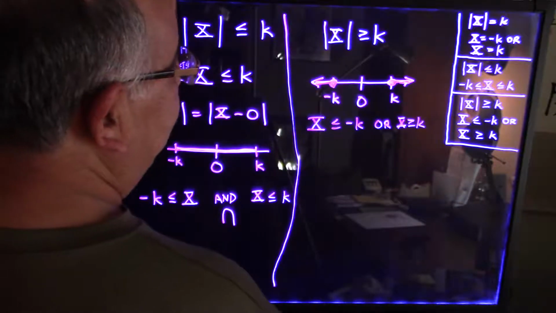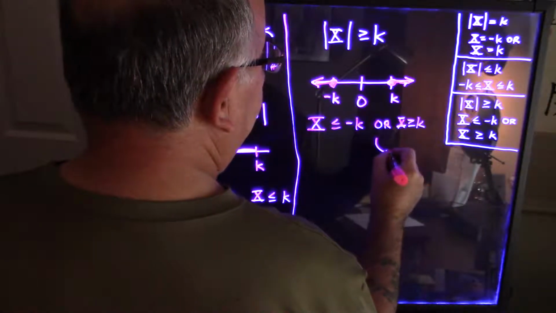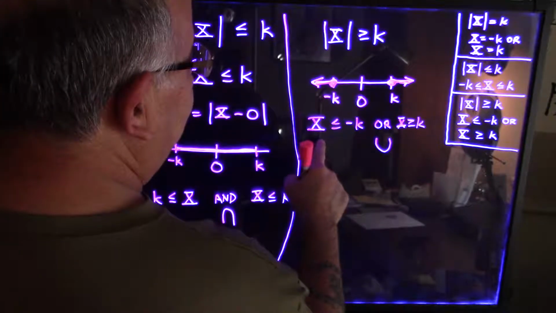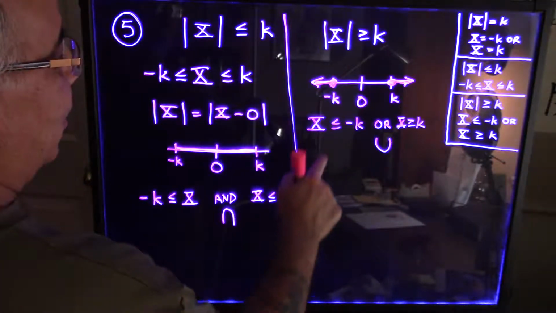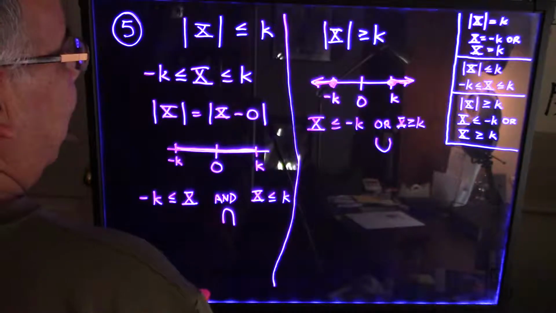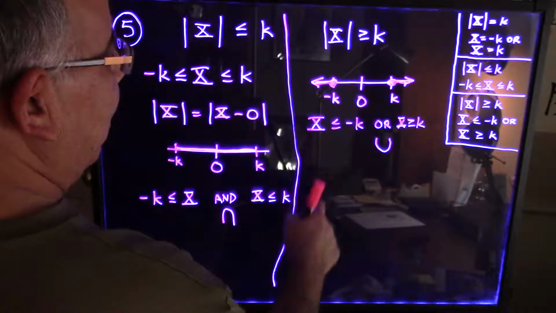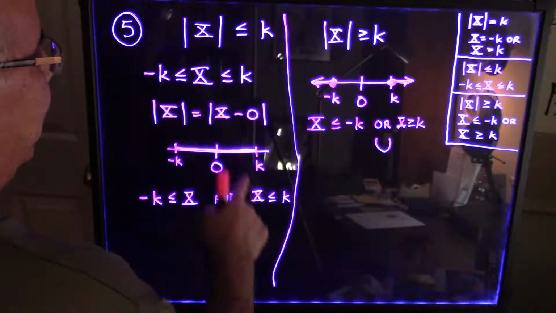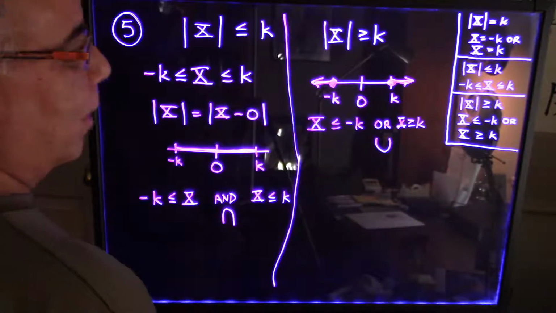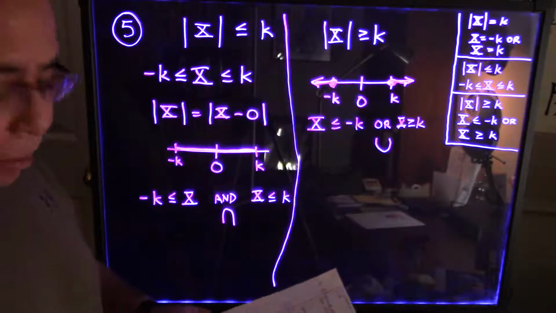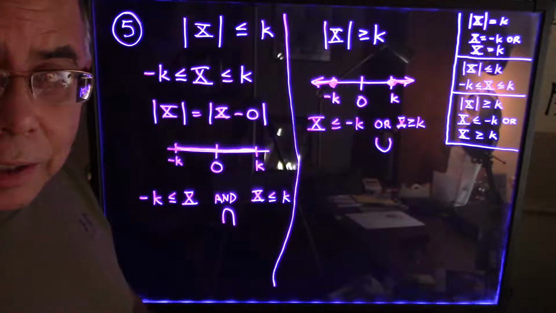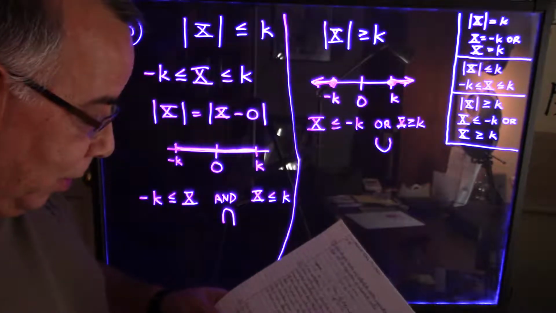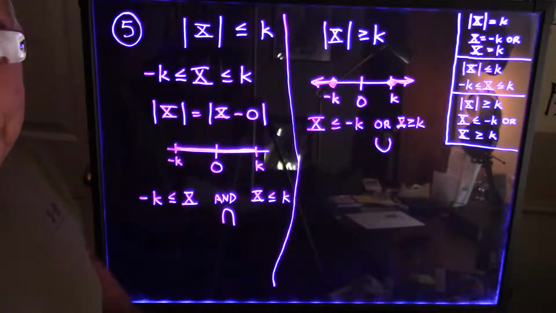And or represents union. So you would take the union of those two solution sets when you solve each of these separately. Unfortunately, you can't write it all as a single expression and solve it nicely like you can in this case. So you have to write them separately and solve those separately, and then take the union of the two solution sets.